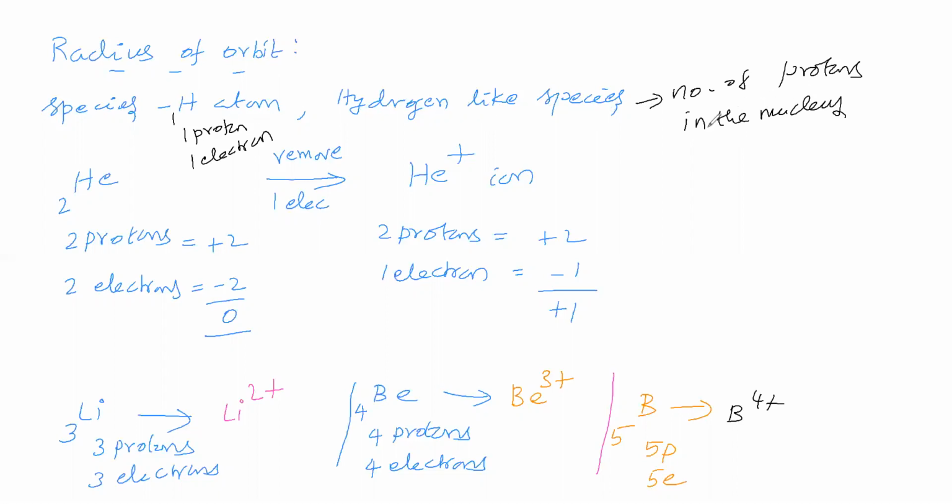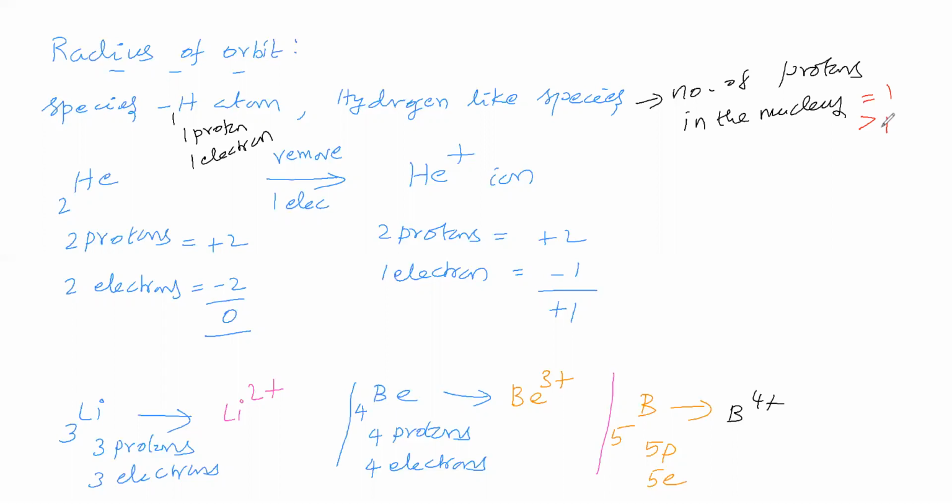What about the number of protons in the nucleus of hydrogen-like species? Shall we say it is equal to 1, or greater than 1, depending on the nature of the species?